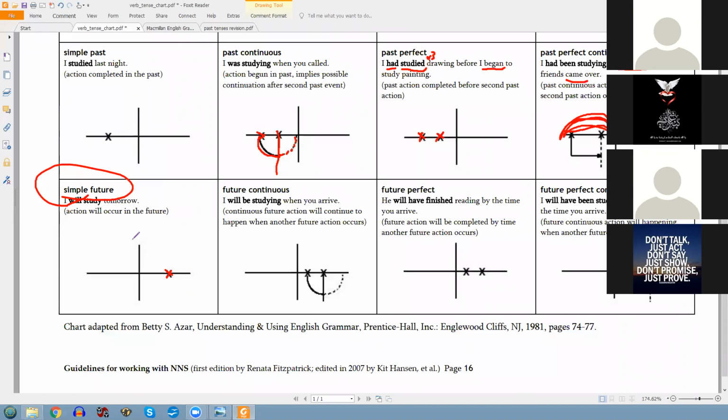I will study, I will work. It's a single action that we anticipate. I will arrange a consultation. I will request admission to the hospital. That's pretty easy.